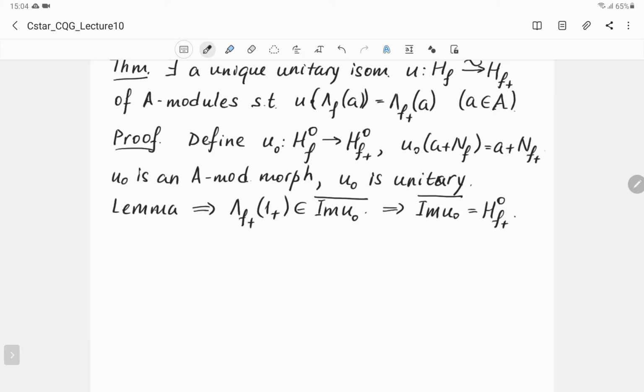Okay, so we have a unitary isomorphism between HF0 and the dense submodule in HF plus 0, and we can extend by continuity to the completion. So extending U0 by continuity gives us a unitary isomorphism.